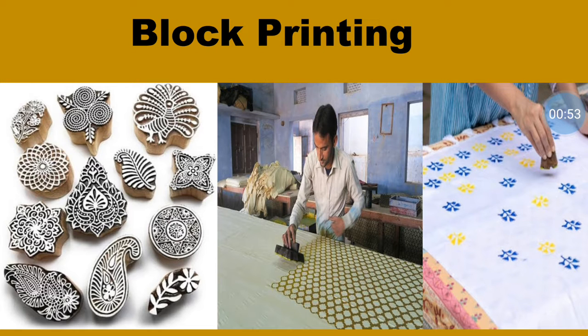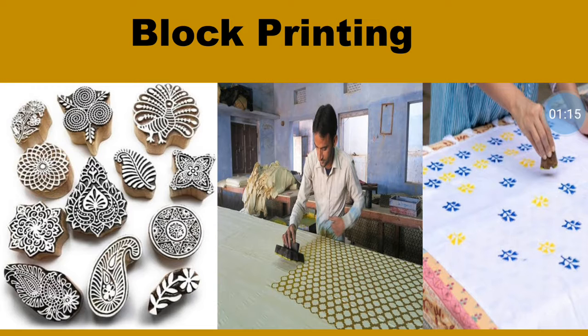The first one is block printing. Block printing is an ancient textile tradition that originated in the Rajasthan desert region of India. It involves stamping designs on fabric by hand using carved wooden blocks.